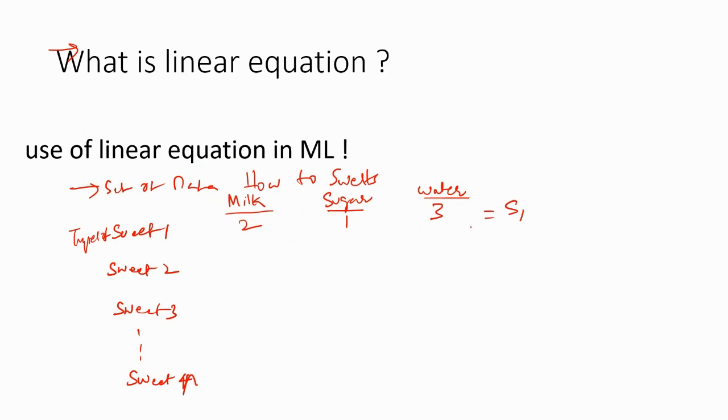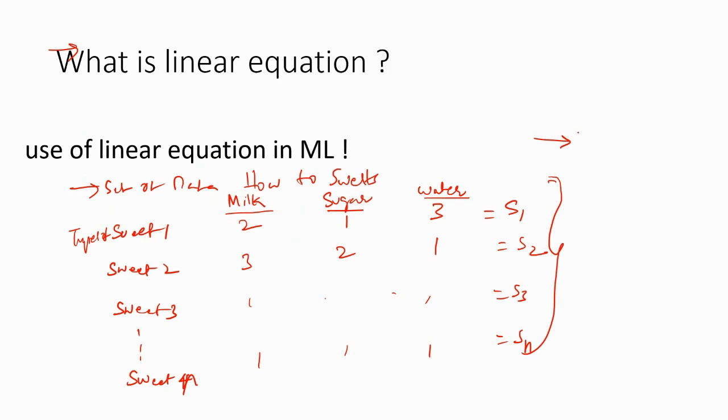So I'm going to define it as S1. In the same way, to make sweet 2, I need 3 parts of milk, 2 parts of sugar, 1 part of water. So it will make us S2. In the same way, I'm going to give some values for this one. It will give us S3, up to Sn.